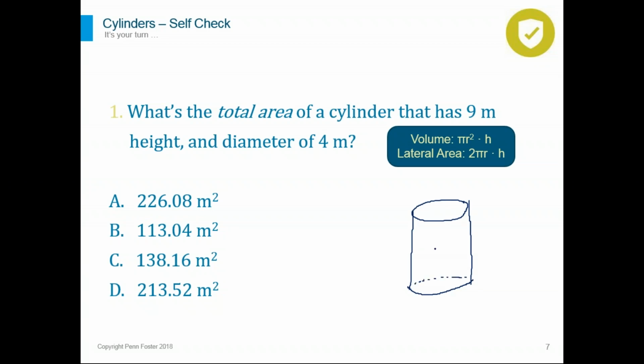Okay, so the height connects the base with the base, and it is perpendicular to both bases, and it is 9 meters. And also in the same question, we know that the diameter, not the radius, the diameter is 4 meters. Now the total area, if you remember, is going to be the area of the walls, the lateral area, plus the area of the two bases, since the cylinder has two bases.